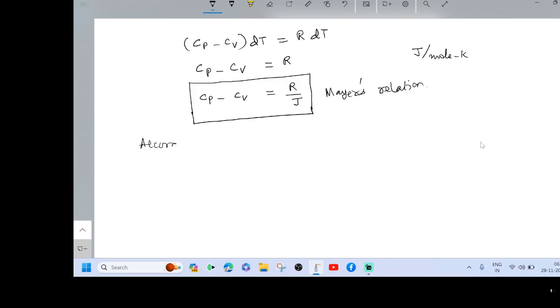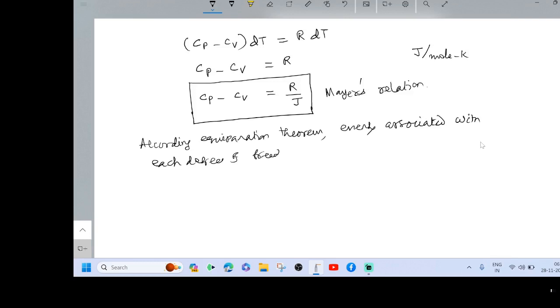According to the equipartition theorem, the energy associated with each degree of freedom is half kB T. Here kB, k suffix B, stands for the Boltzmann constant.